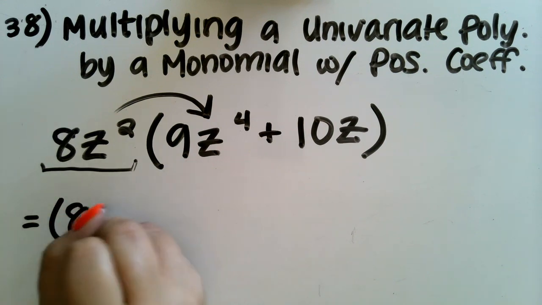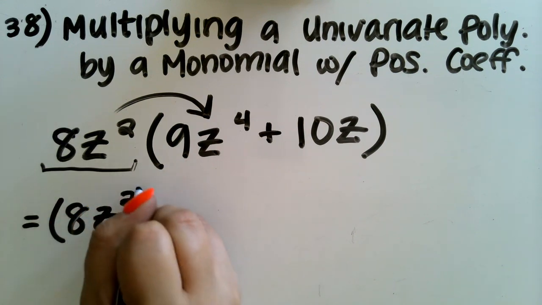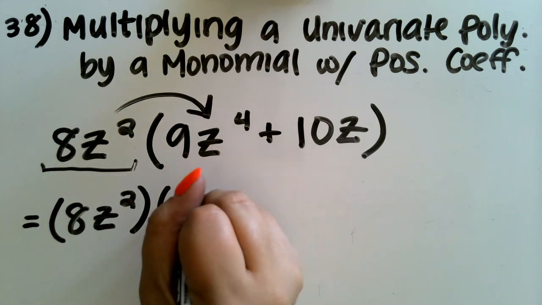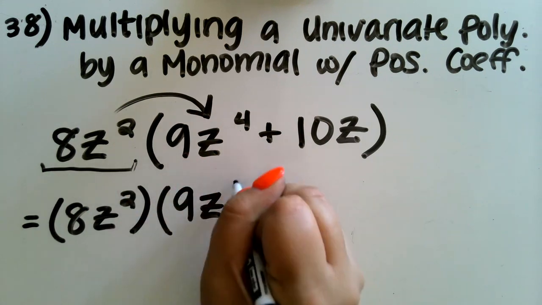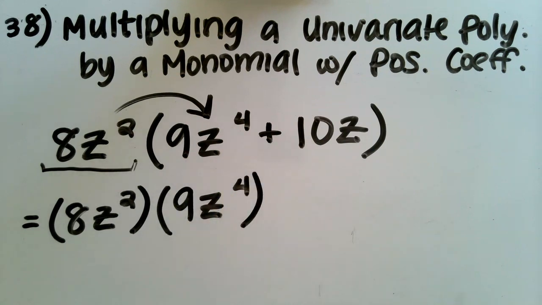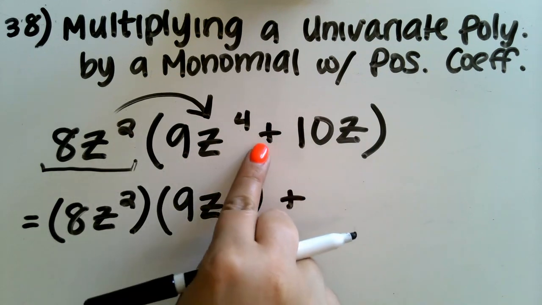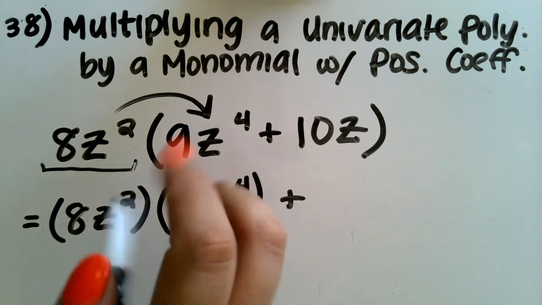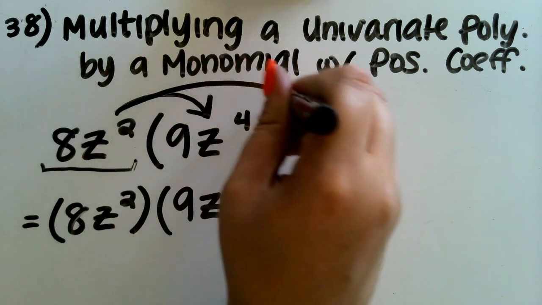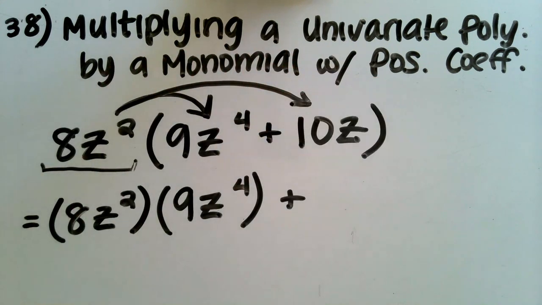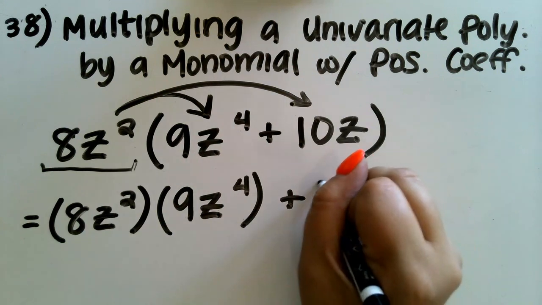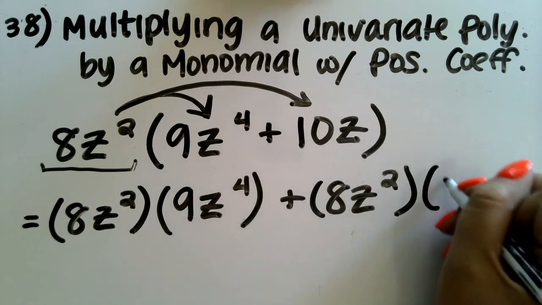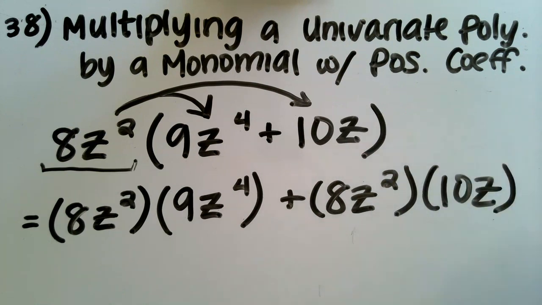So we are going to take that coefficient of 8z to the second power times this first term here of 9z to the fourth power, plus, we're bringing down that sign that's in our parentheses, plus, now we're going to distribute our coefficient to the second term. 8z to the second times that 10z.